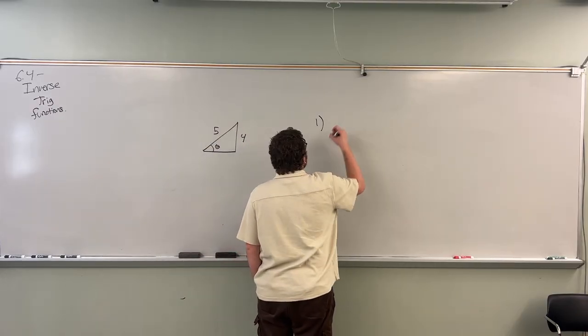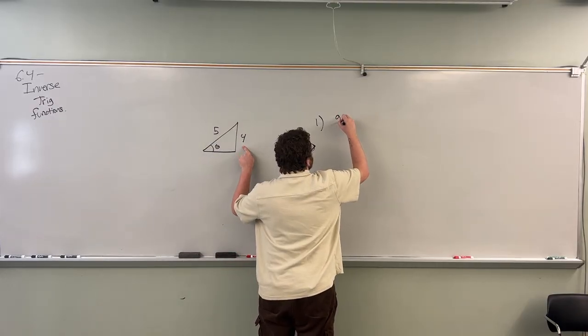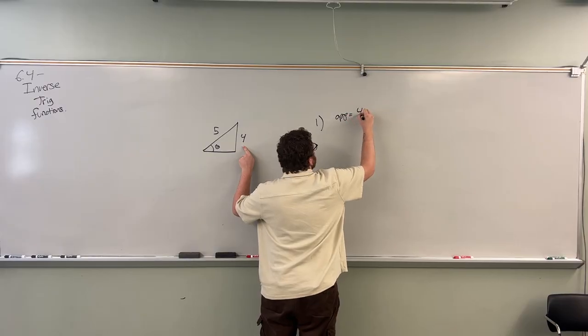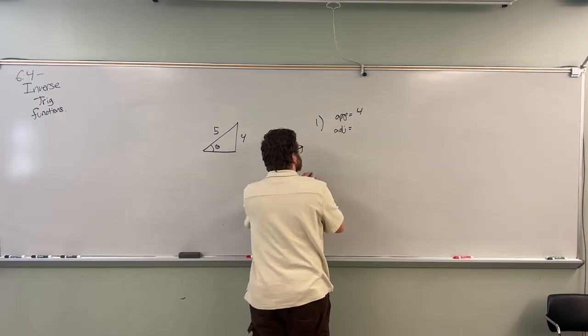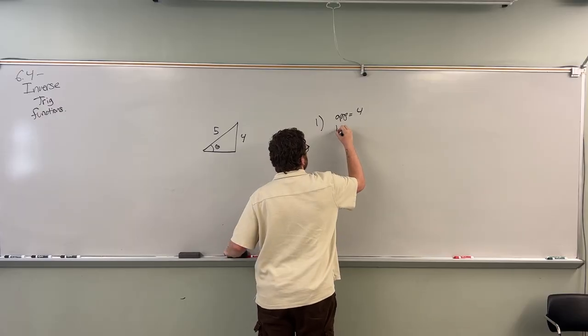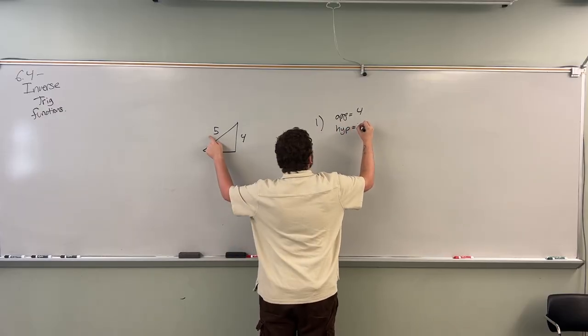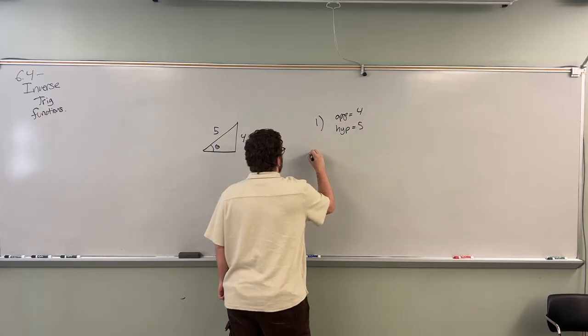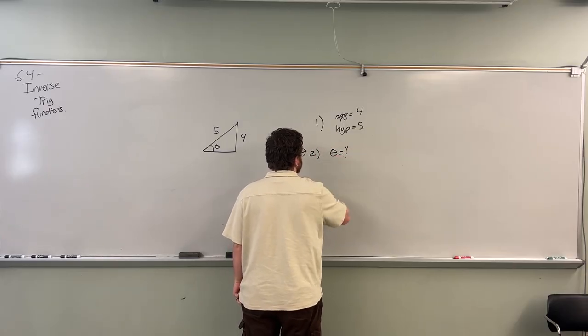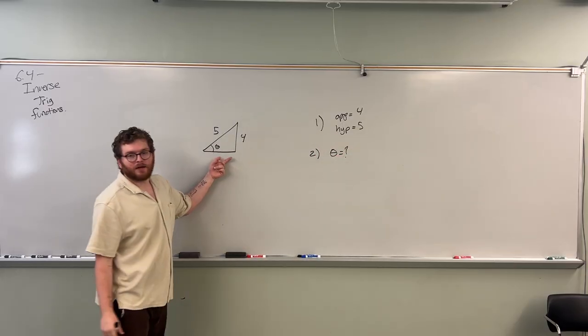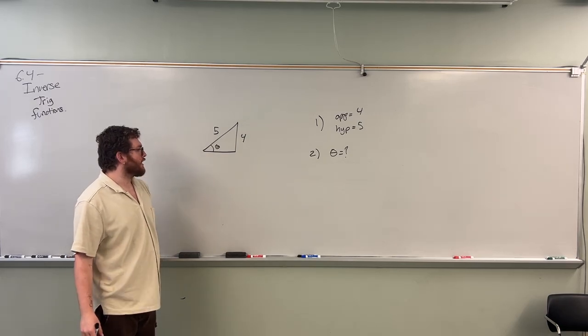What do we know? We know this opposite side is 4, and we know the hypotenuse is 5. What we don't know is the angle theta. We don't really care about the adjacent side, we just care about the opposite and the hypotenuse.